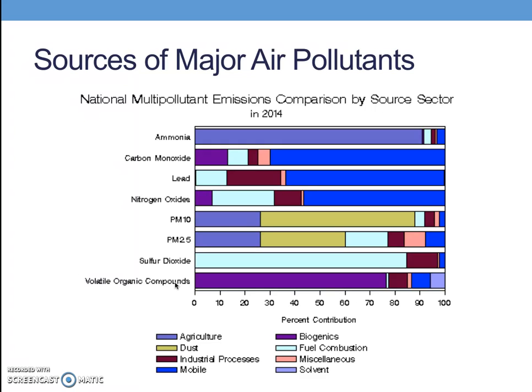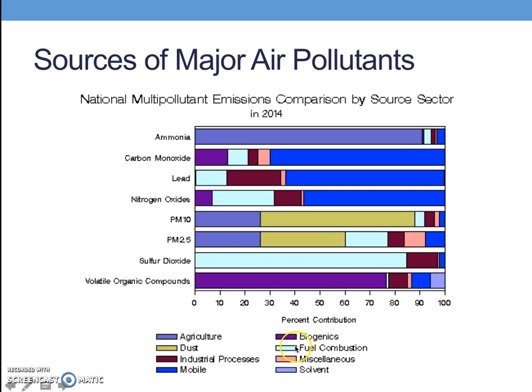One thing that I want to point out here is the major sources of these things. So notice carbon monoxide, lead, and nitrogen oxides. Their major source, this bright blue color, is listed as mobile, so that really is also transportation. And as we know, the major fuel for transportation is burning of fossil fuels.